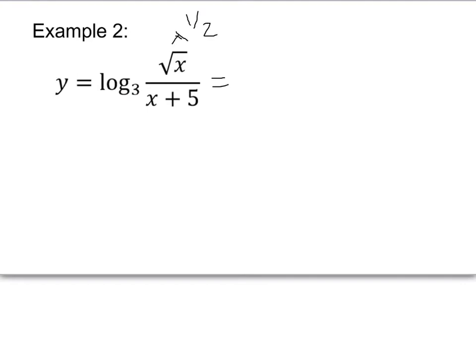And when you have a power, you can move that to the front. So we're going to make this 1/2 log base 3 of x. And then division changes to subtraction. Okay, so we would subtract log base 3 of x plus 5.